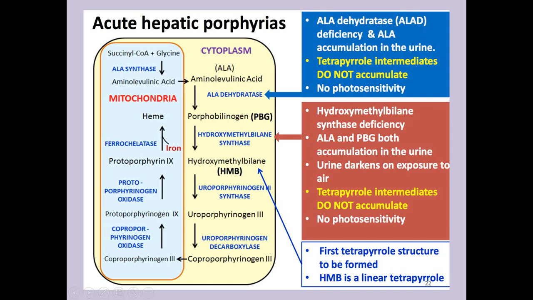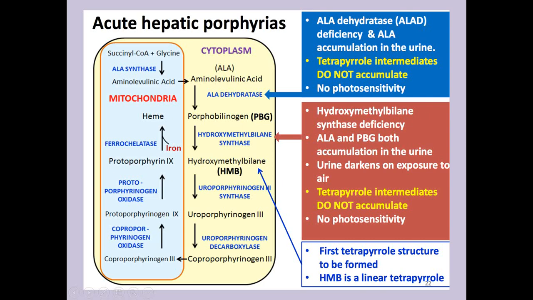Acute hepatic porphyrias occur due to deficiencies of the dehydratase, and ALA accumulates, and thus ALA appears in the urine. Tetrapyrrole intermediates do not accumulate, and there is no photosensitivity. Mostly in this case, they have neuropsychiatric problems.